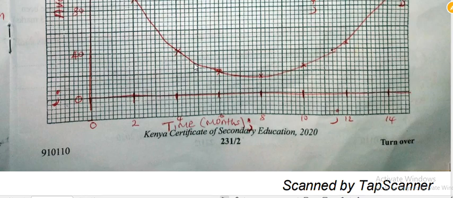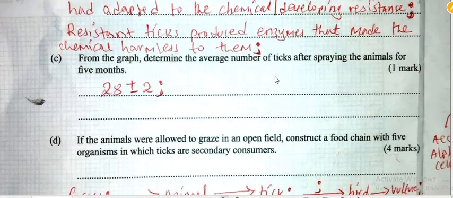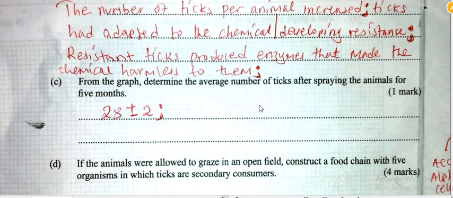This is where we'll have to look for the average number of ticks, and at this point, that is the second box after the 20 ticks here, and that is around 28 ticks. I can give the benefit of doubt of plus or minus 2.